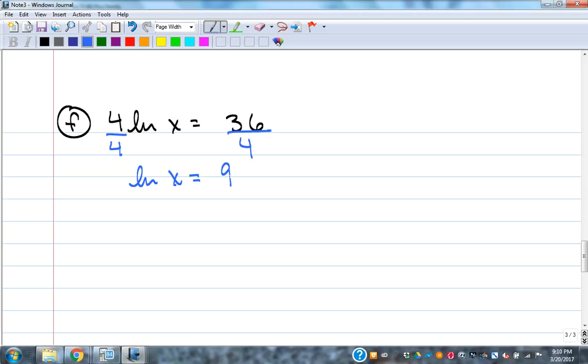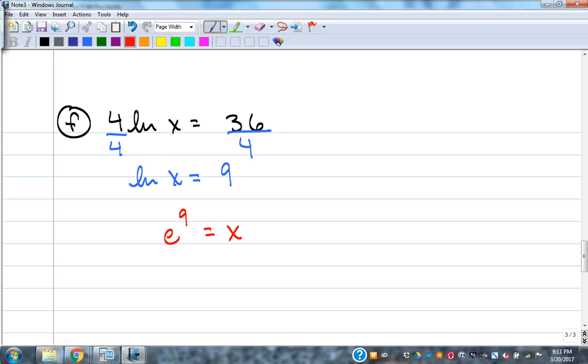And then here's what we can think about. How can I rewrite that log statement as an exponential statement? What base is that? E. E to the 9th is equal to x. Hey, and x is already by itself.